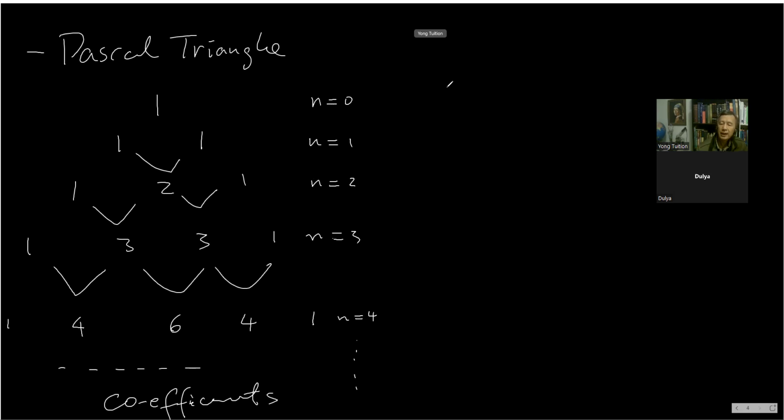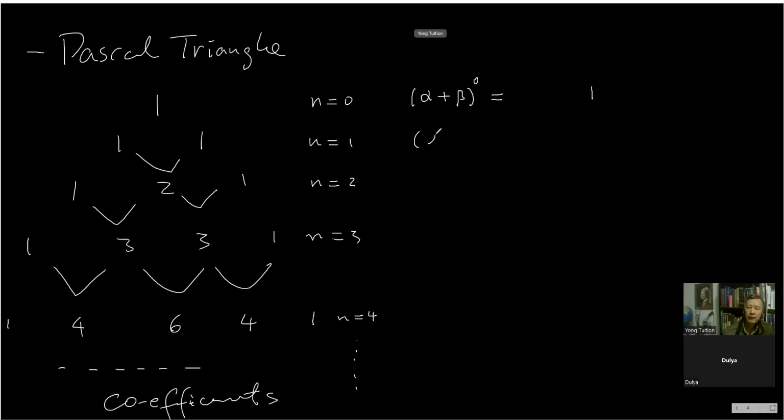If you start from the beginning, we are looking for alpha plus beta to the power of 0. What is the answer? It's 1. How about alpha plus beta to the power of 1? It's just alpha plus beta.